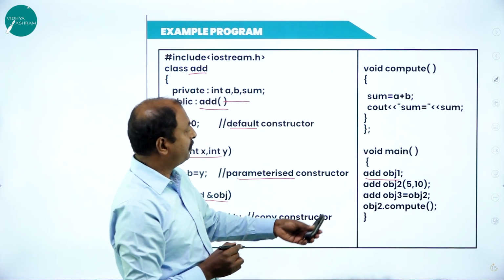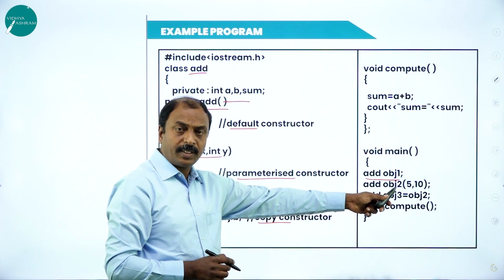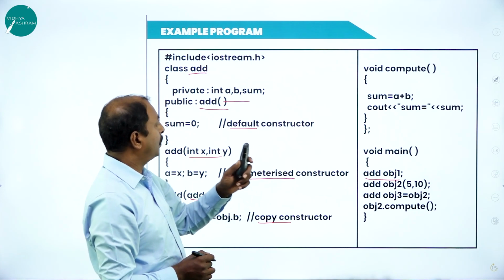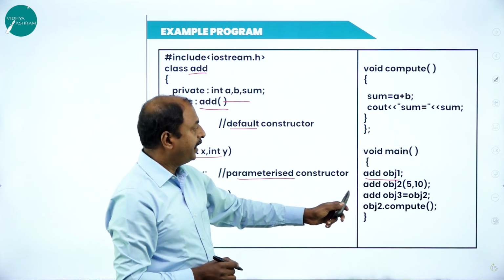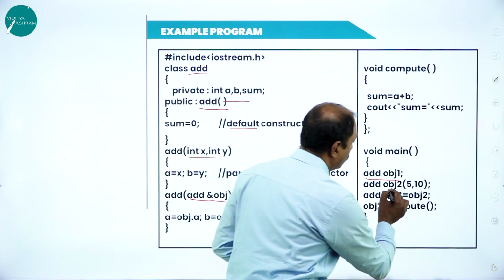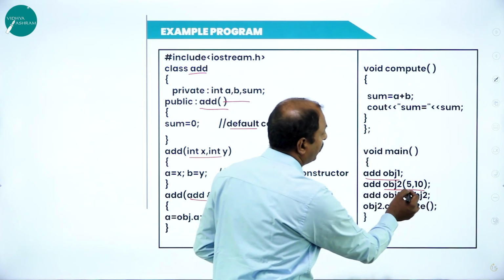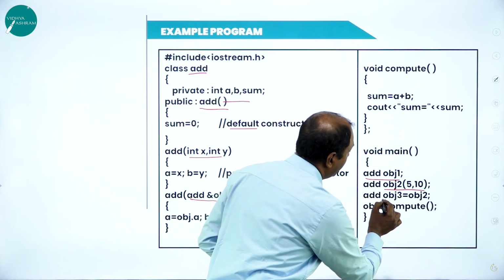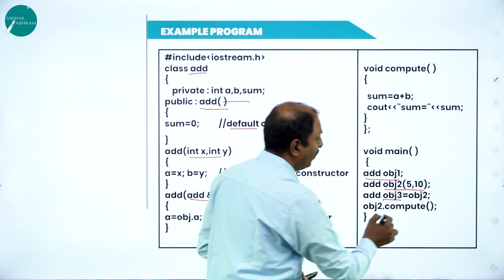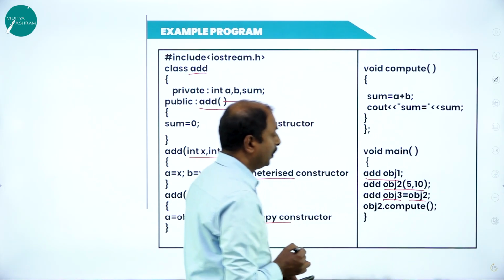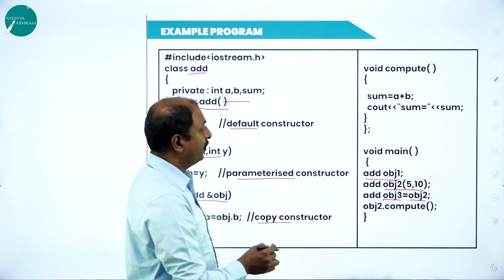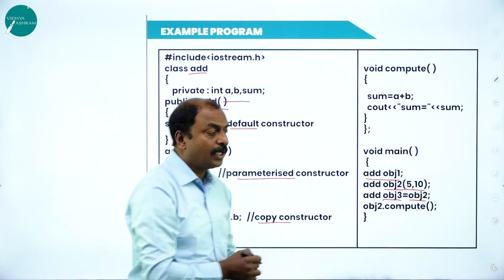Here obj1 is one object, and next add obj2, where there are two parameters 5, 10, and obj3 is another object where we are using obj2. So if you observe this, there are three different objects.